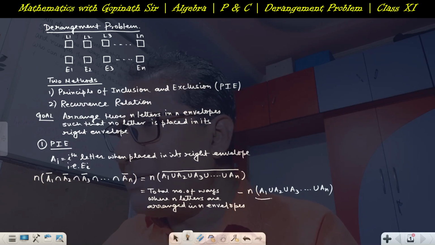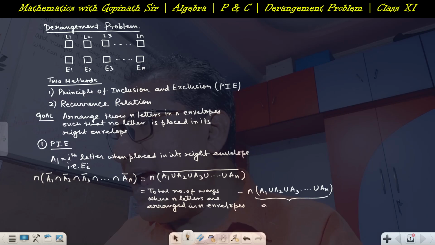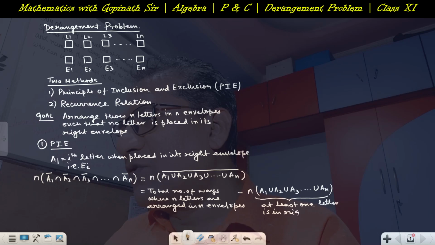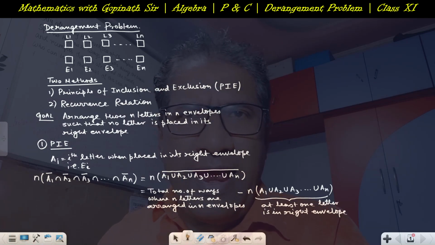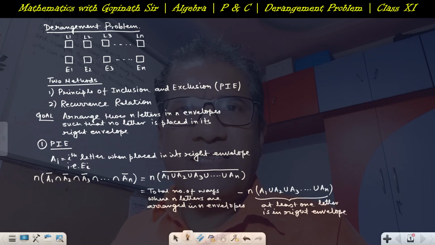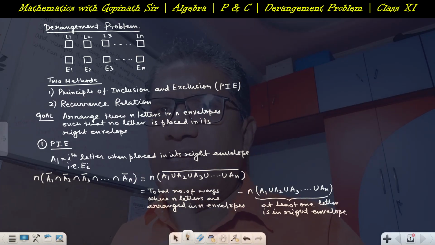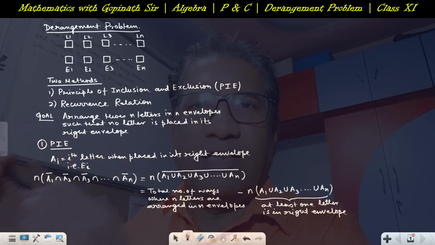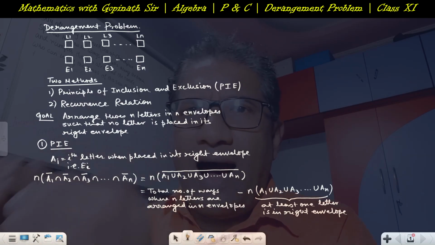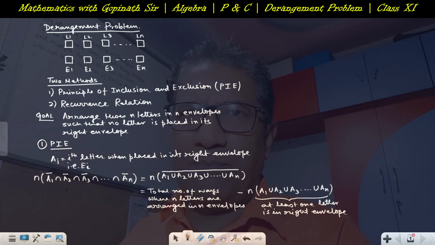What do you mean by that? This means that at least one letter is in its right envelope. What is A1 union A2 union An? It means that at least one of these letters, L1, L2, L3 and so on, is placed in its right envelope.